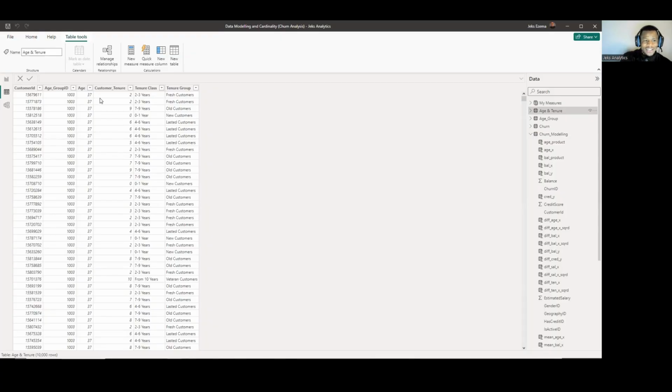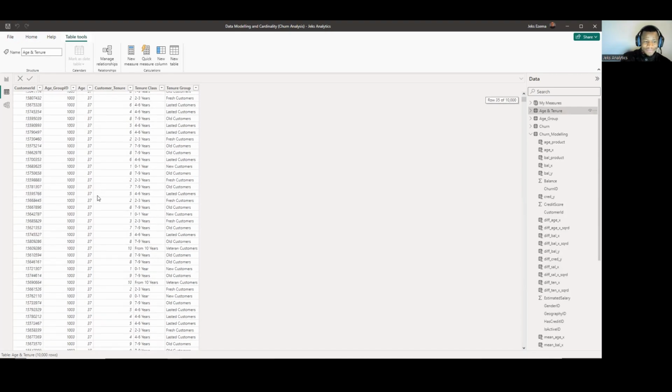So the facts lie here because that is where the age is, right? So you see that all the ages that are 37 lie within that age group of 1003. So 1003 covers all the ages between 30 and 39.